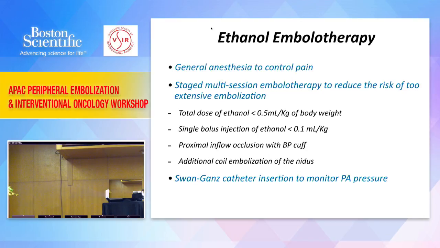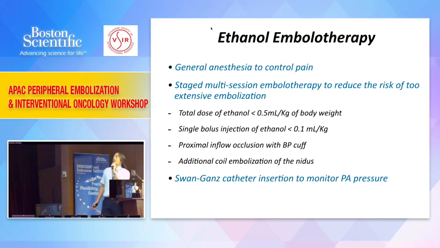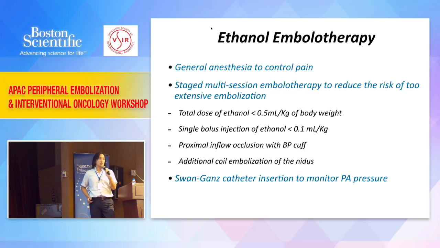When we inject alcohol, the patient feels pain, so usually we perform the procedure under general anesthesia. Staged multi-session embolotherapy is also important to reduce the risk of too extensive embolization. Embolization using alcohol is not always safe, so we must separate the procedure.